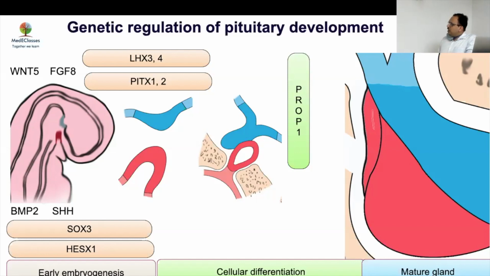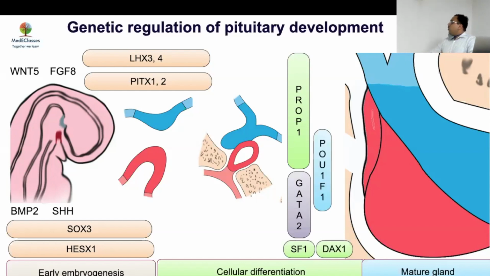HESX1 was a major regulator here, but now you've got this Prop1 which comes up, and the first thing it does, it says, okay, your work is done, HESX1, you go on. And once the HESX1 goes off, the pituitary can now start maturing. It can start thinking of producing more hormones gradually from there. And it also activates the other pathways, the GATA2, and very importantly, POU1F1, which was earlier known as PIT1.